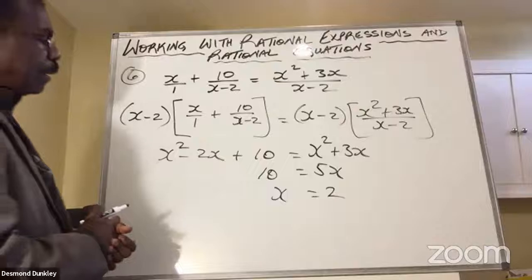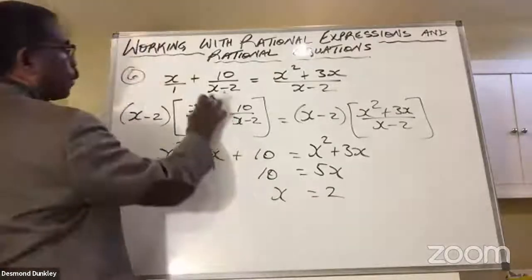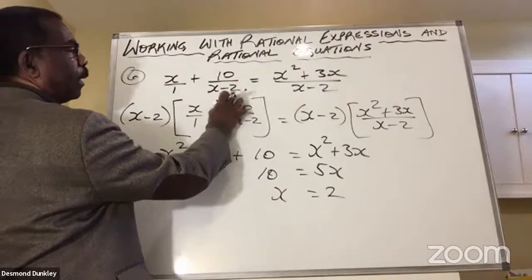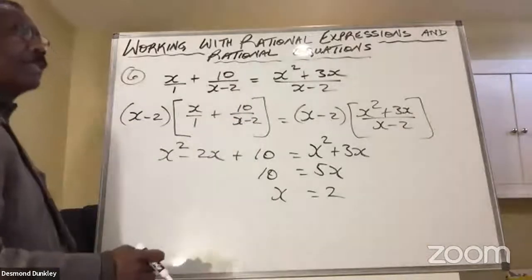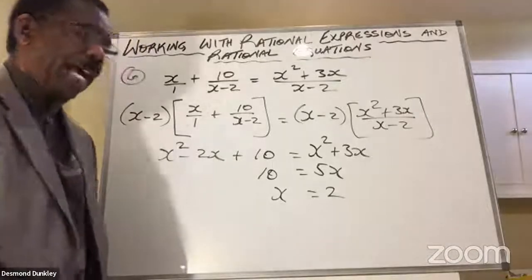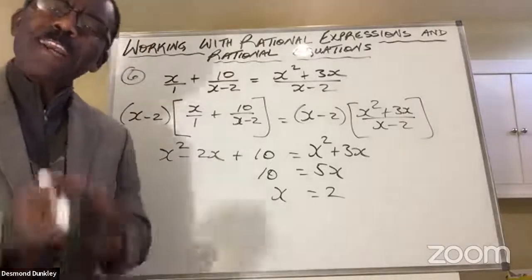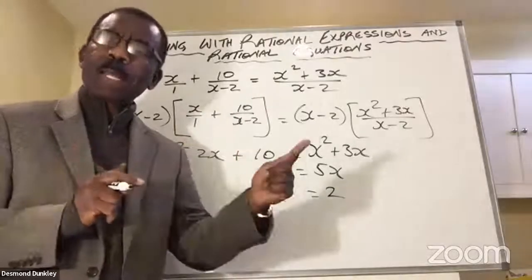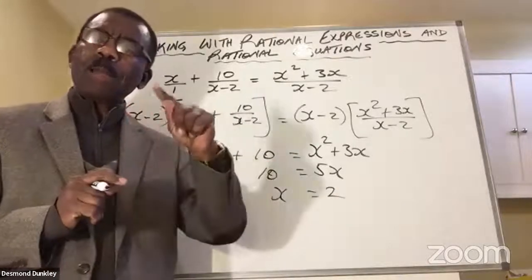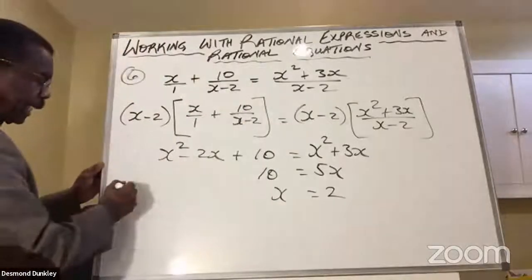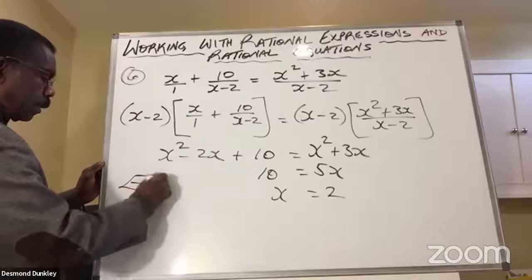This 2, if we were to put 2 here, will give us 2 minus 2 is 0. 10 divided by 0 is undefined. And whenever there is a number that is a solution to a mathematical problem, but it does not make any practical sense, we refer to that solution as an extraneous.